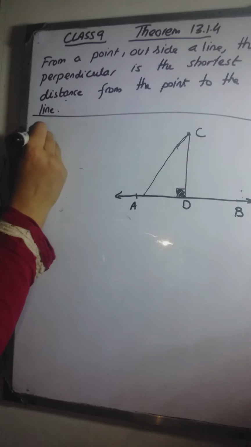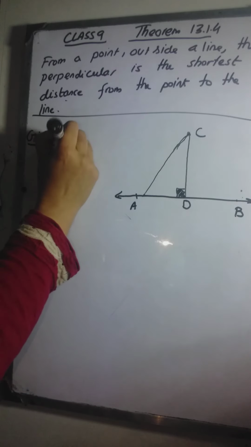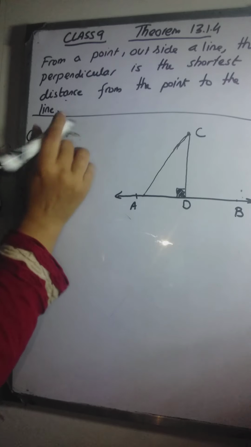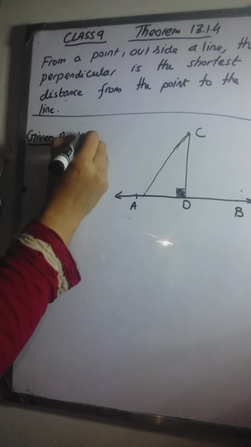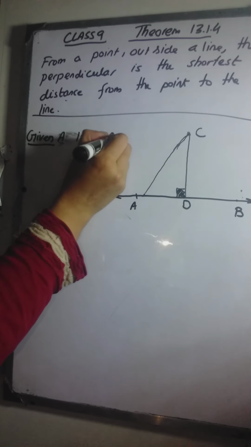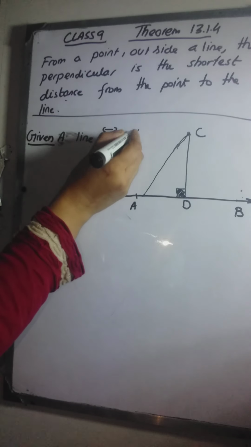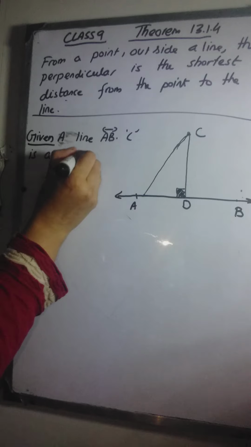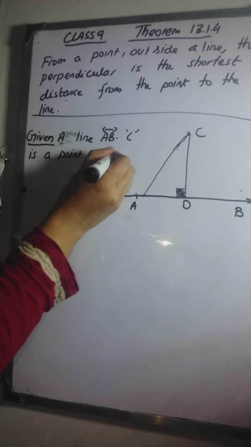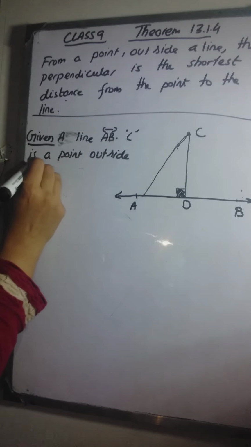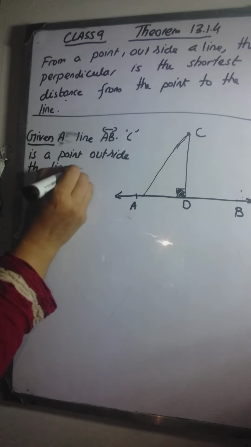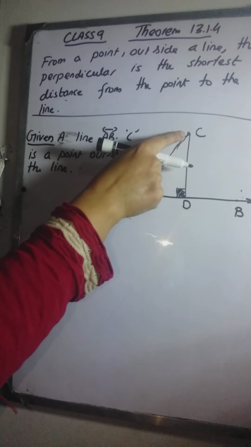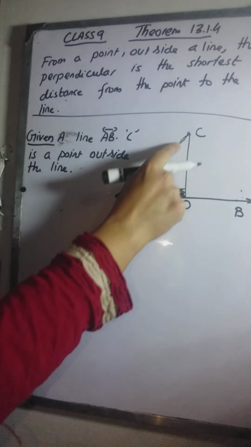So here what we are given is a line AB. C is a point outside this line. This is the point which they are talking about. We will be taking the distance of C from AB. Let me erase this.